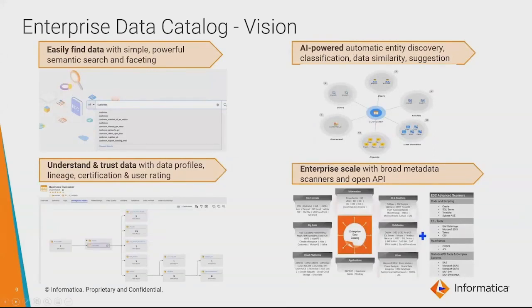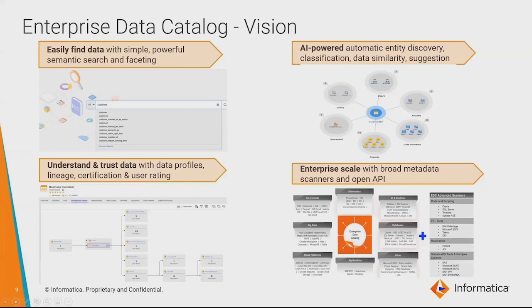The first one shows the Google-like interface for searching your enterprise data assets. We also have the ability to profile the data to understand the lineage, certification, and user rating. So it provides a better understanding of the enterprise data assets and also helps find the trusted data in your organization.